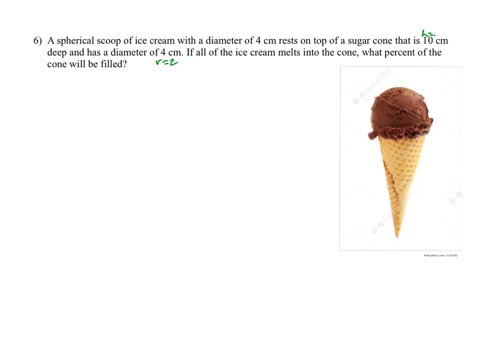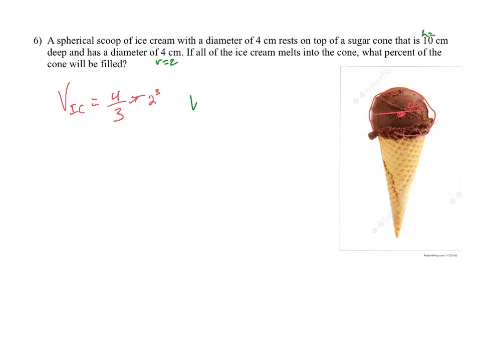The diameter of this cone is 4, so the radius of the bowl of ice cream is 2 centimeters. So the volume of ice cream is going to be 4/3 pi times 2 cubed.